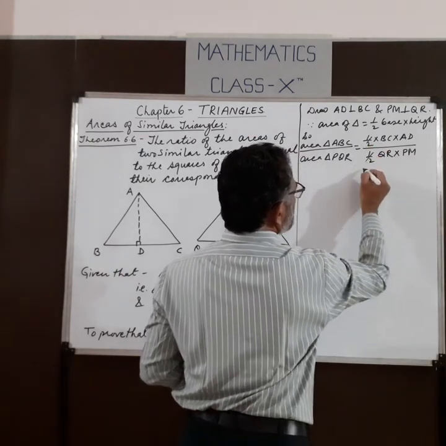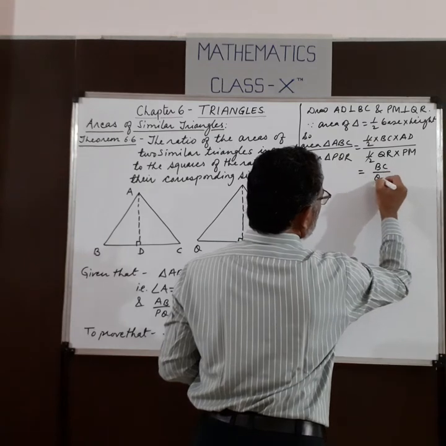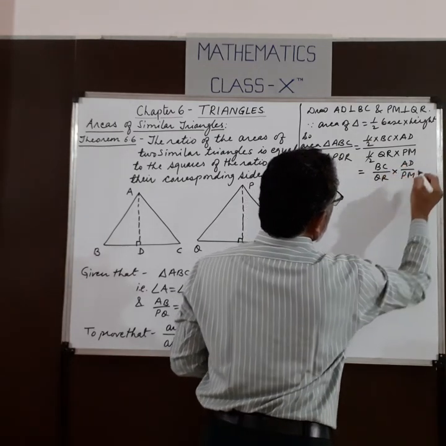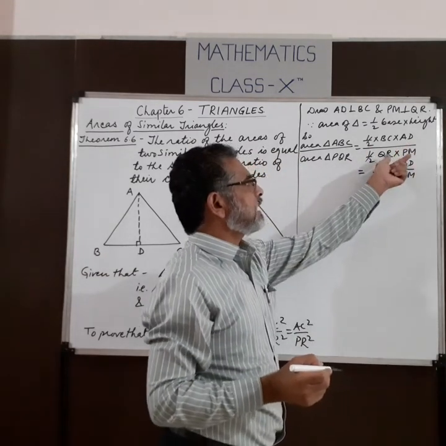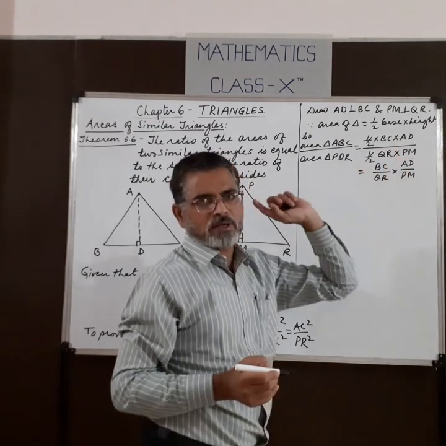Now half will cancel, so we write BC upon QR into AD upon PM.